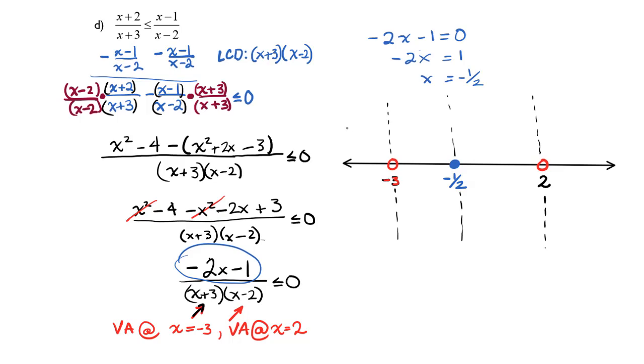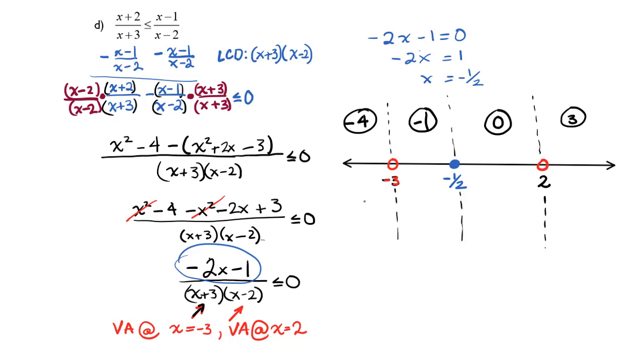My first test value to the far left will be a negative 4. We'll go with negative 1 between negative 3 and negative 1/2. We'll do a 0 for my test value between negative 1/2 and 2. And we'll do a 3 for my test value between 2 and infinity.